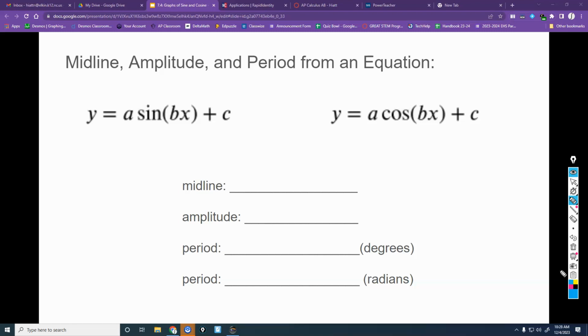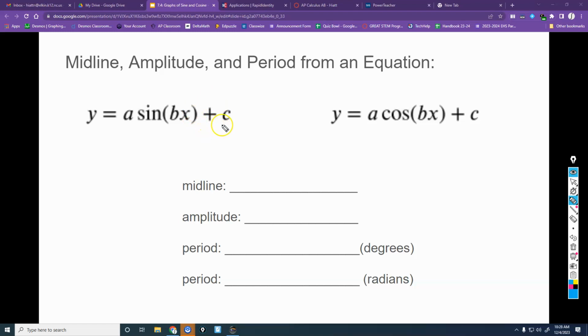If you think back to when we were doing some shifting of graphs, we would move them up, down, left, right, flip them upside down. What did it do if we added a number to the end of the graph? It moved it up, or if we subtracted it, moved it down, right?